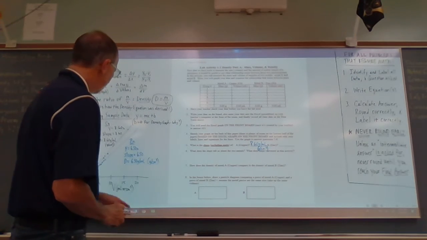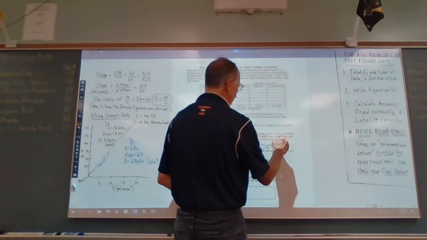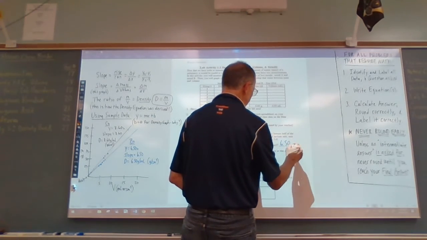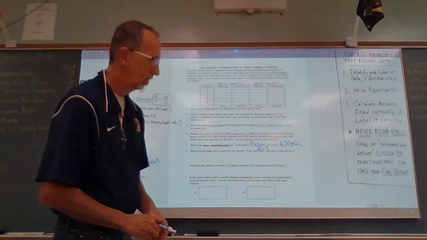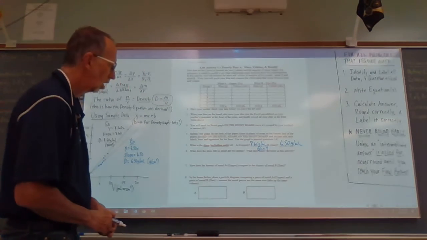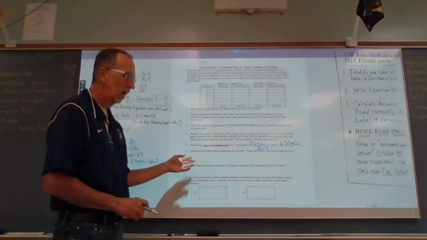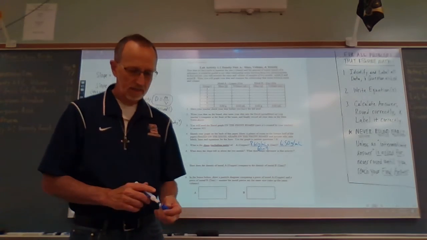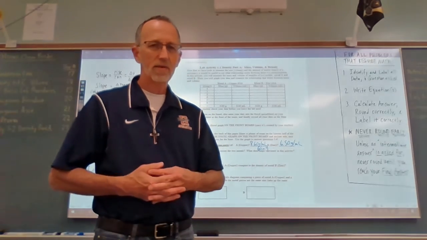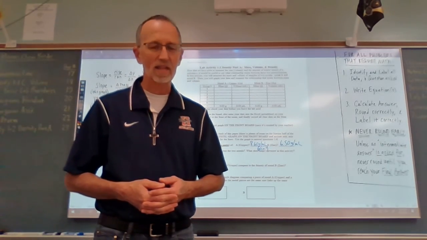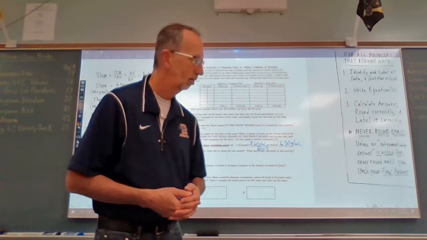And the slope of the zinc line was 6.50, again, grams per ml or grams per centimeter cubed. All right, so what I'm going to ask you to do then is to go ahead and answer, well, you know what, let's do 6 and 7, then I'll let you start with 8. How about that? All right.